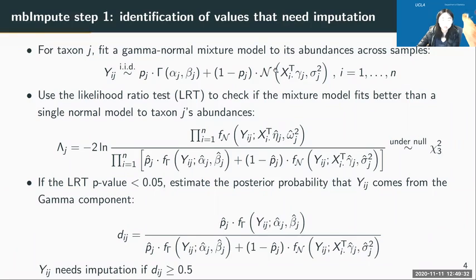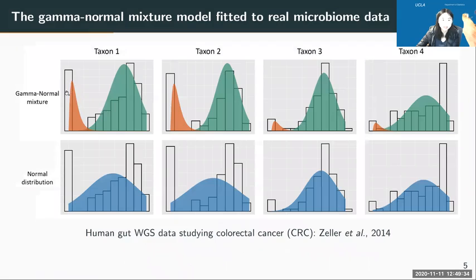The reason we want to do this is that, looking at this slide, the gamma component captures the concentration of abundances near zero, because gamma cannot be negative, so the density cannot go to the negative part. So it's truncated here at zero. And the normal part is used to describe the distribution of those non-zero concentrated abundances.